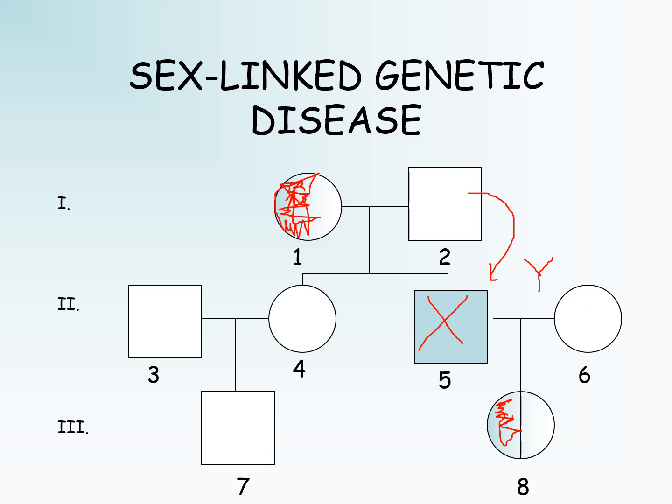And mother, because she is a carrier, has a big C and a little c. This is the X chromosome that she passed on to her son. So mother is responsible for passing on sex-linked recessive disorders.